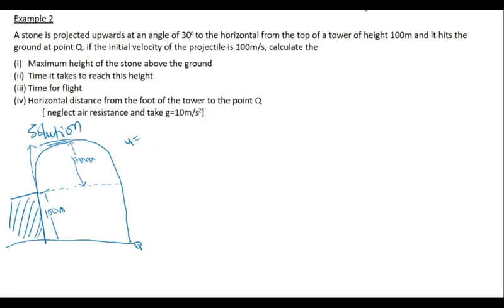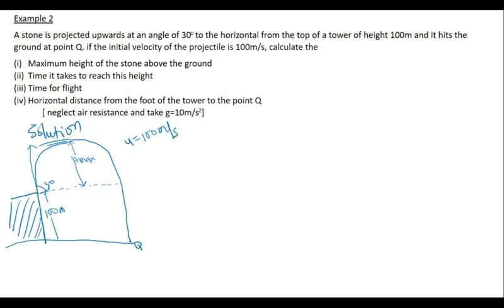The angle here is 30, and our initial velocity given to us in the question is 100 meters per second. All right, so let's go ahead and tackle the question that we have.